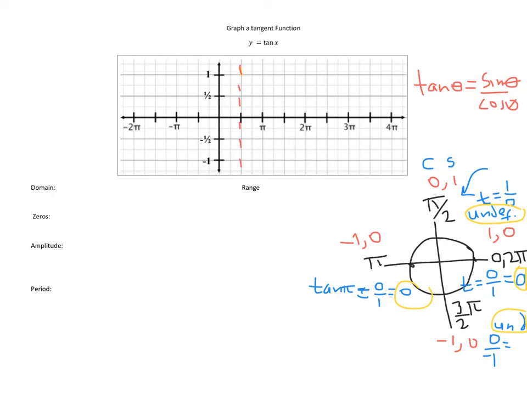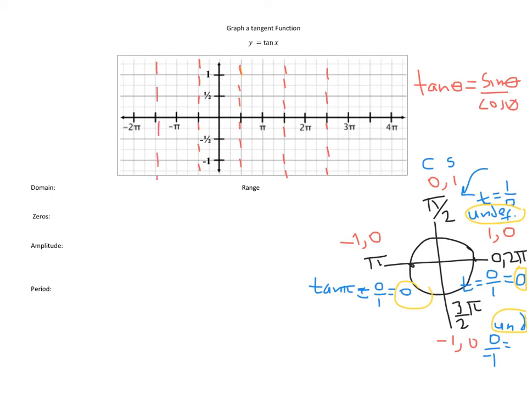And then it's also going to be undefined at negative pi over 2. And after every pi, I'm going to repeat the same thing. So those are the asymptotes. And then, okay, so let me do one more here.